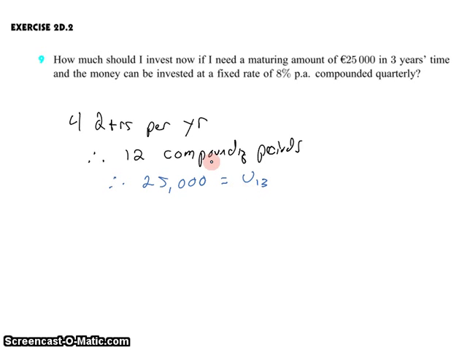Now, in order to calculate how much we get from each one of these compounding periods, we need to look at what this rate is. It's 8% per annum, which means it's only 2% per quarter. When we earn 2%, what's implied is that we get 2% in addition to our original investment.